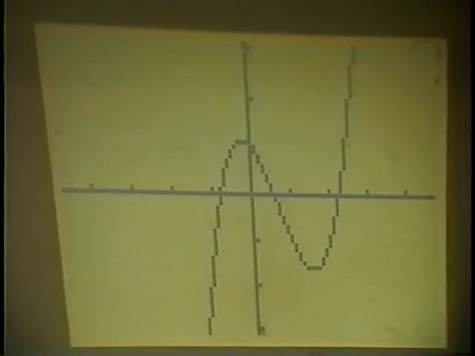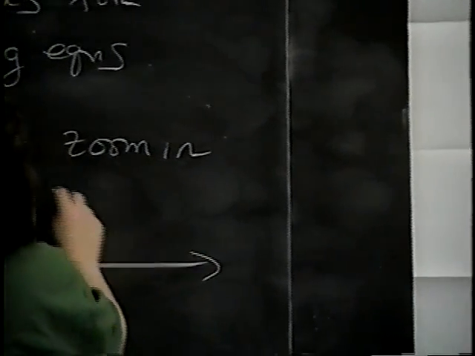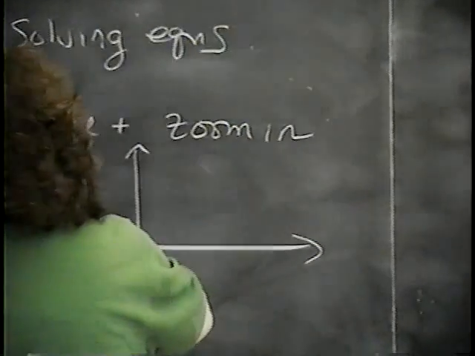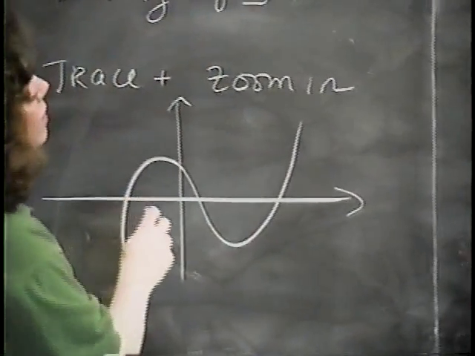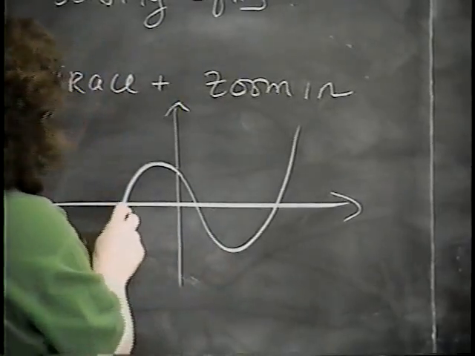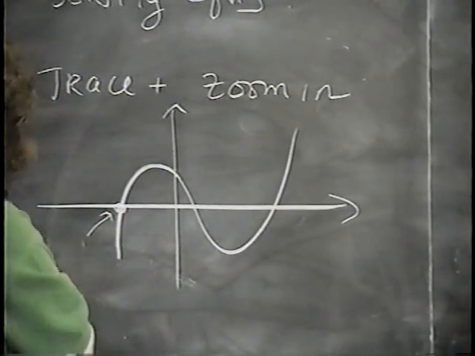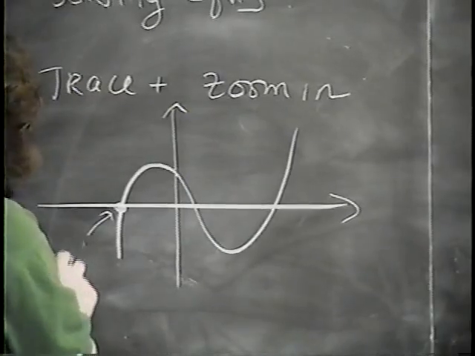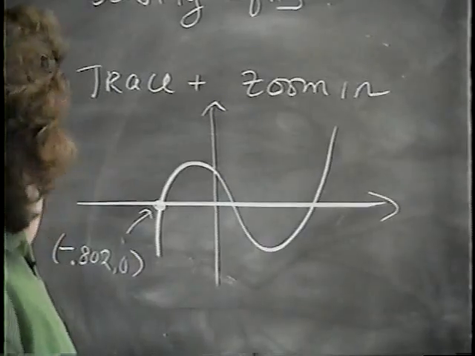We now have an idea that that first, it looks something like this. And we now know that this is approximately minus 0.802, 0. So the root is approximately minus 0.802.